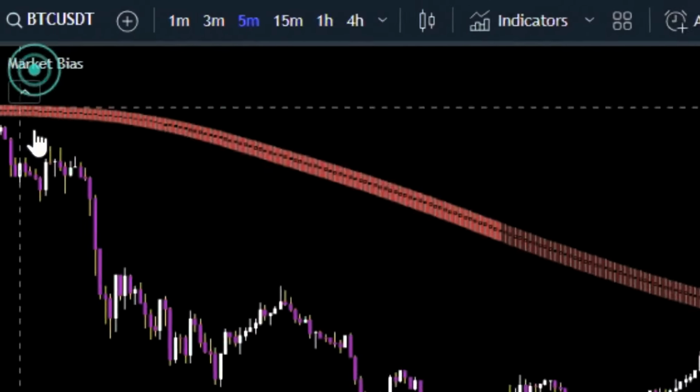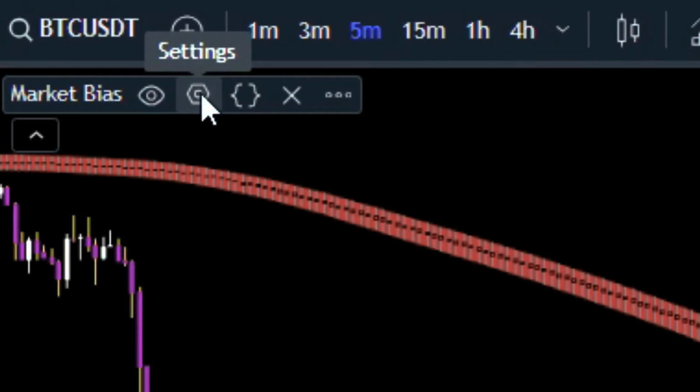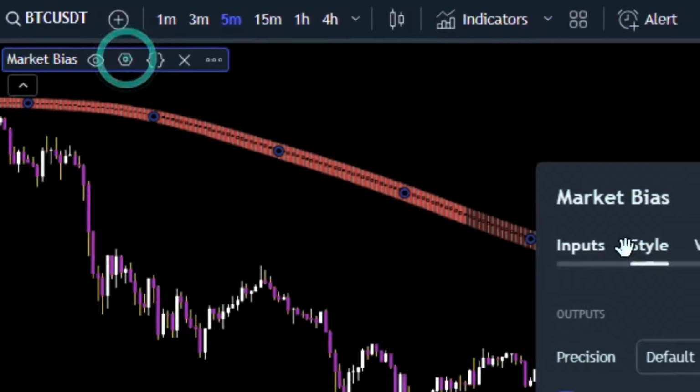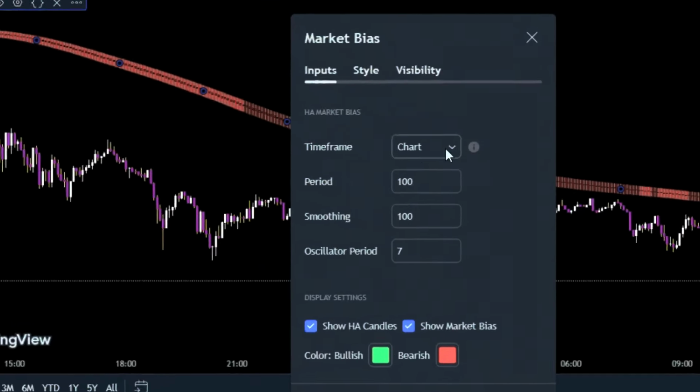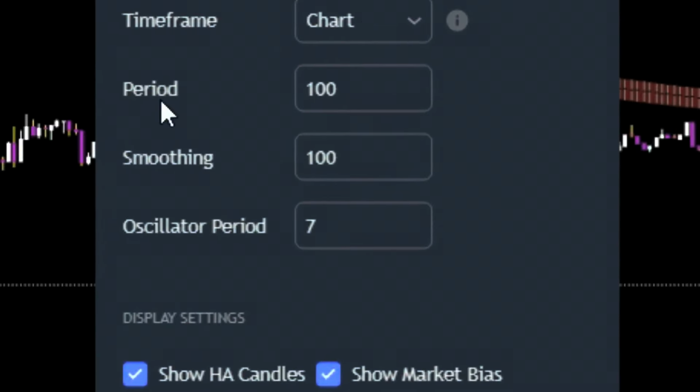But we're not done yet though. We're going to tweak some settings to make sure this indicator works like a charm. Follow along and I'll make sure you've got the best entry points for your buy and sell trades.